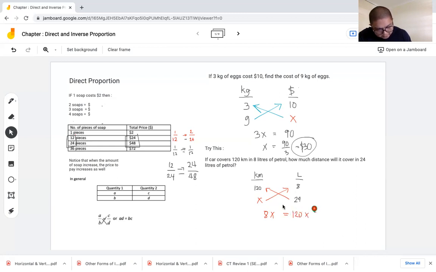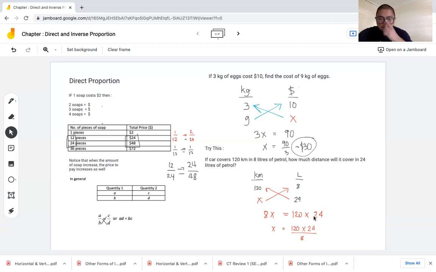Now in here, you will see that I did not calculate it right away because later on I will still have another process for me to solve it. So in this case, what I need to do is to divide these whole factors or product. So this is going to be 120 times 24 divided by 8. And from here, I can automatically use the cancellation method.